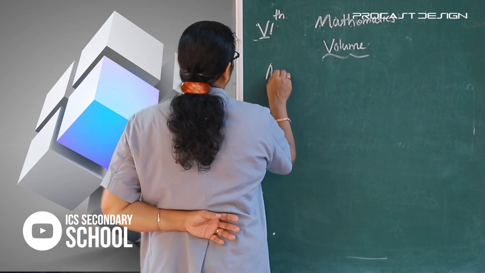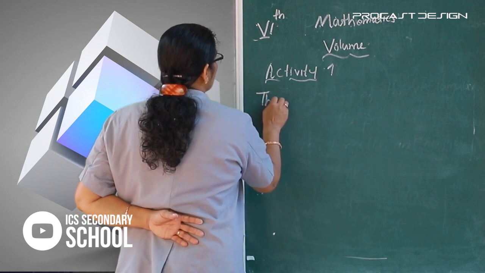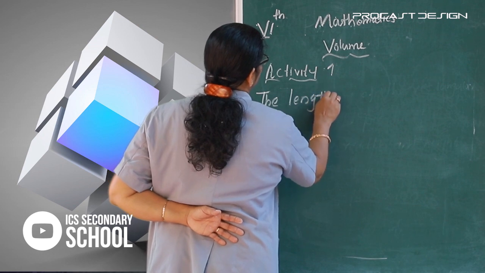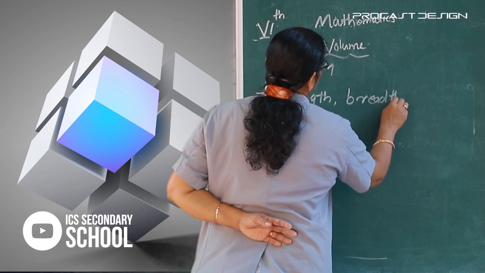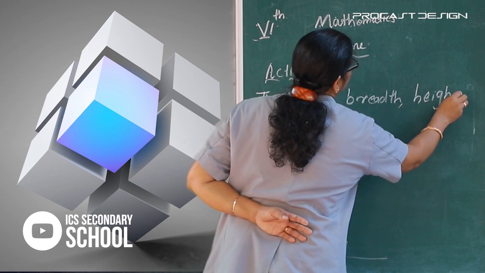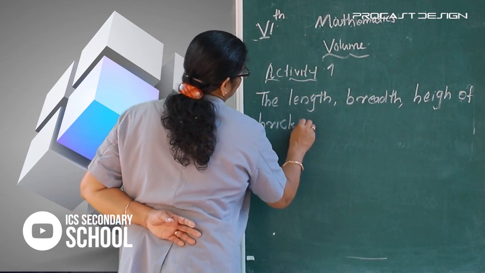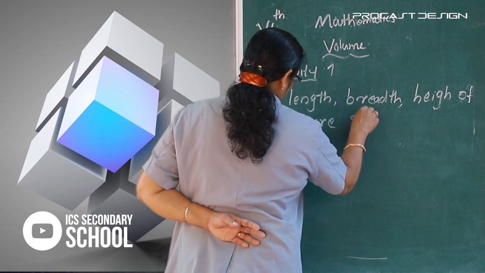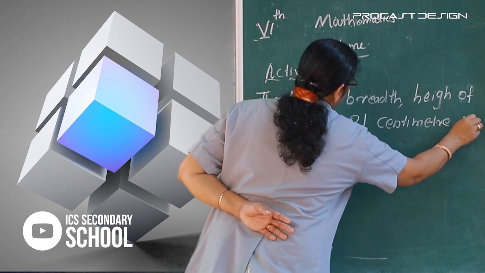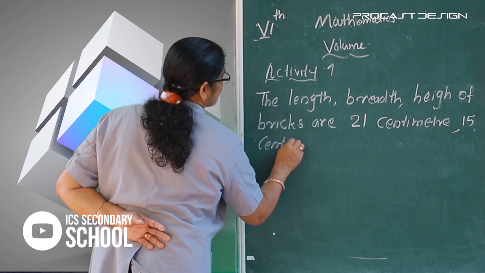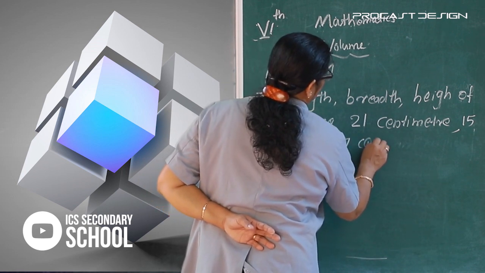Activity first. The length, breadth, and height of a brick are 21 centimeter, 15 centimeter, and 7 centimeter.